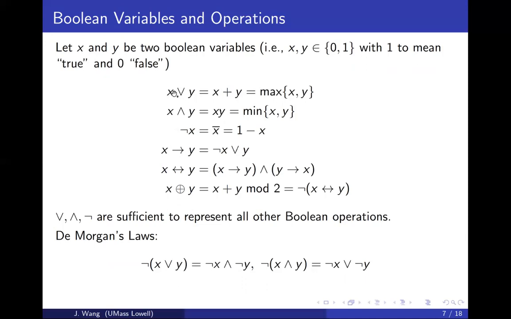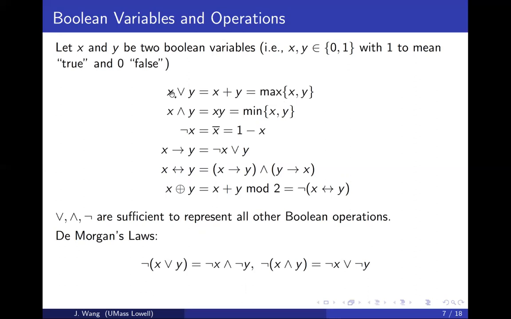And then we have X or Y, X and Y, and negation of X. X or Y is also known as X plus Y. Sometimes we use this notation, and sometimes we simply use that notation. The definition of this is the maximum of X and Y.